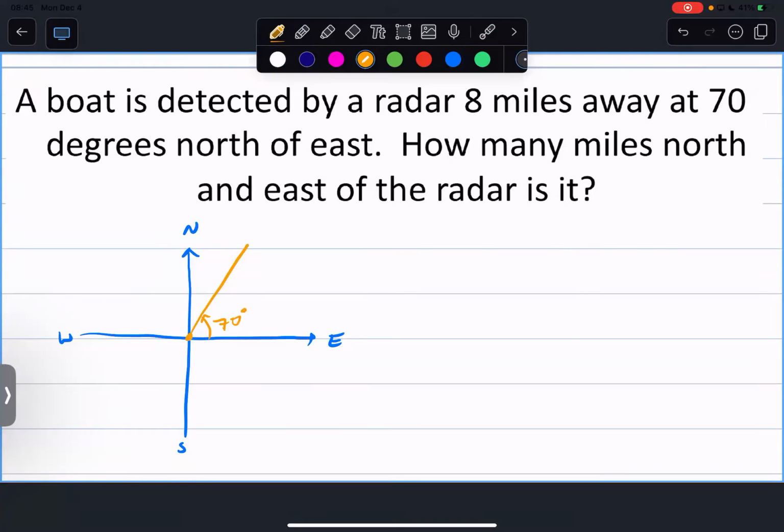And 8 miles away, so here's our boat. Can I draw a boat? No, I can't. It's just a little sailboat. And this is 8 miles away. How many miles north, so on the y-axis, and east of the radar is it? Some time to work on it, think on it.